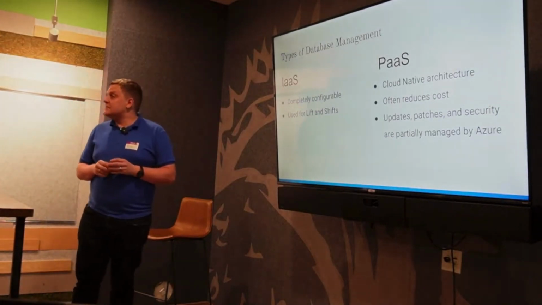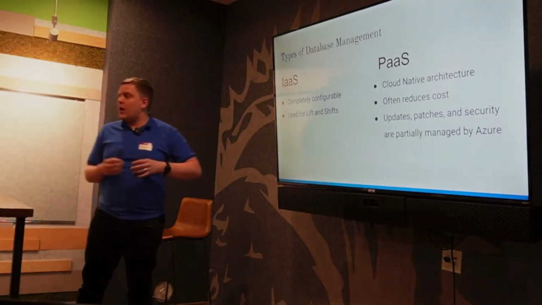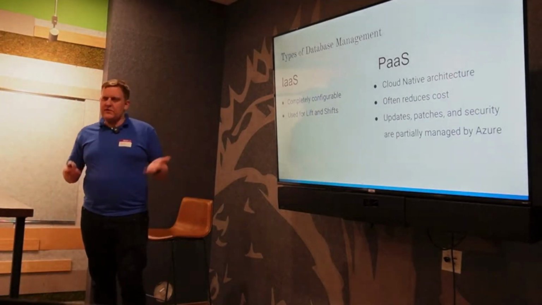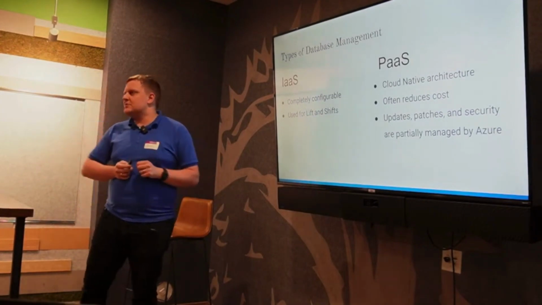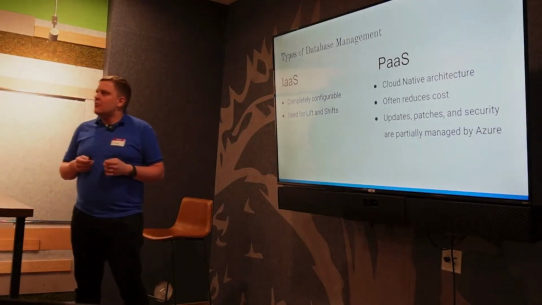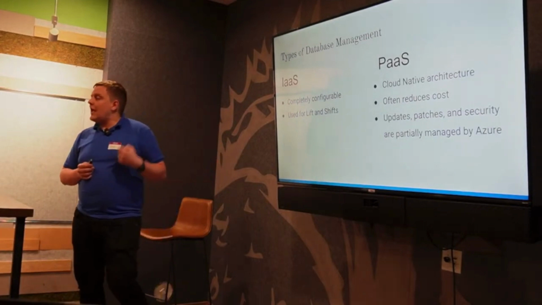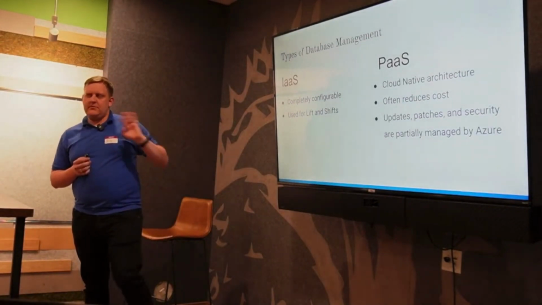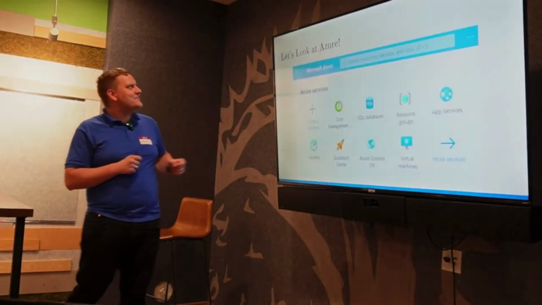They have things like updates and security partially managed by Azure, which takes a lot of load off you. If you forget to run a new patch, that can be very bad. Azure handles that for you. And they also allow a lot of scaling options, other benefits where it takes a load off your shoulders. Generally, when you can, a platform as a service option is preferred. I say generally because "it depends" is the motto of all software developers.